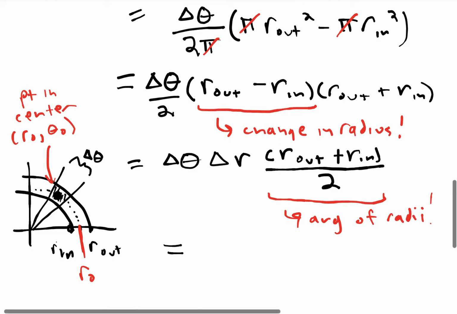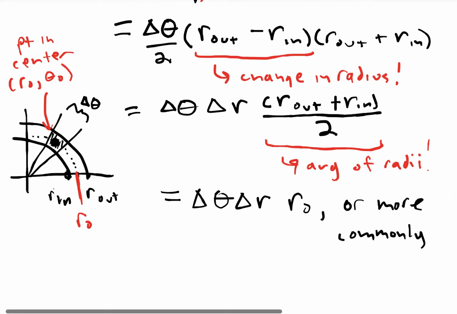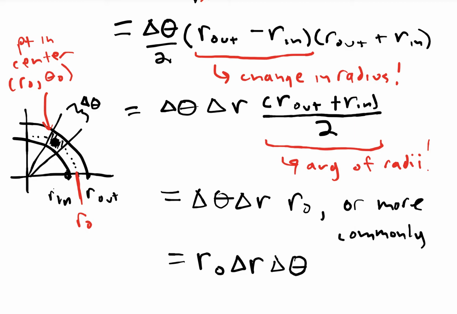Actually, I'll write this in order here. Let's call this delta theta delta r naught. Okay. Or maybe a bit more commonly to how you would expect to see this if you were actually doing an integral, I'm going to write this with just that r naught first so we know that it's not part of a differential or a change estimate or something like that. And I'm going to follow this with a delta r and a delta theta. So this is what we've got.